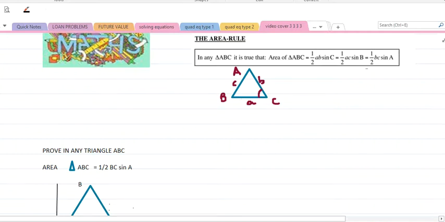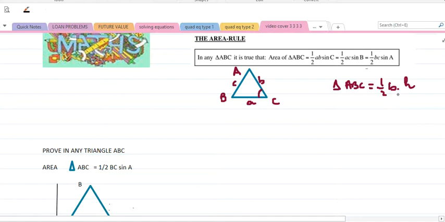You would notice that this rule uses the fact that we use two sides and the included angle in order to determine the area. Now I'm sure that this is quite a strange formula to you, as you have been so used to using our previous common formula that the area of triangle ABC is always half base times height.